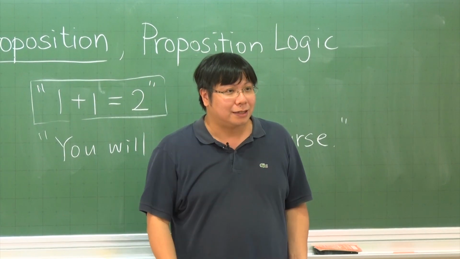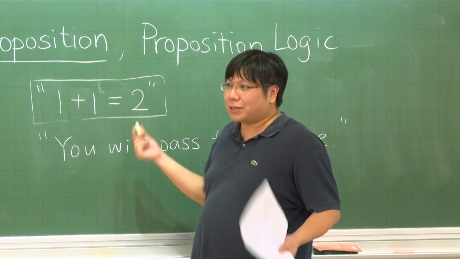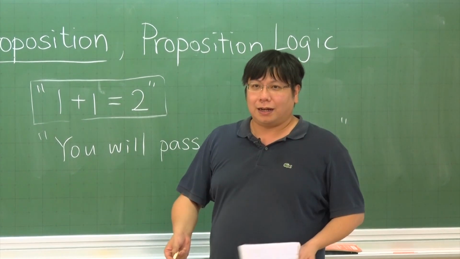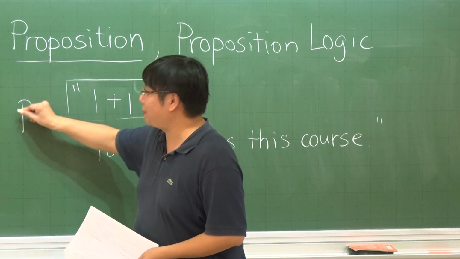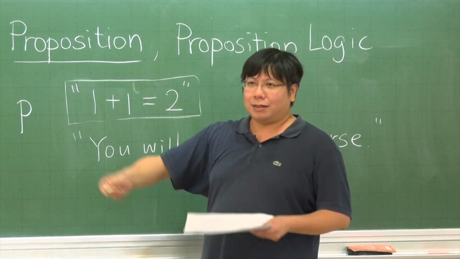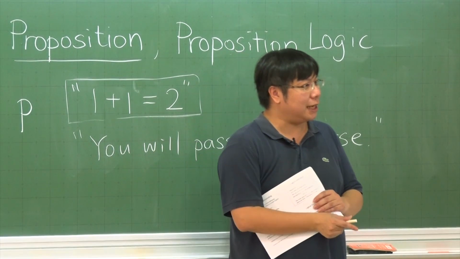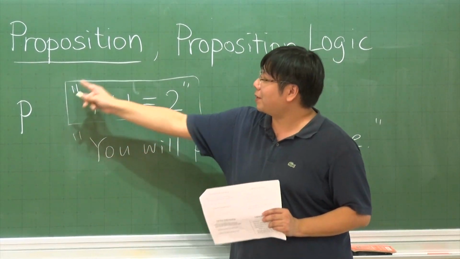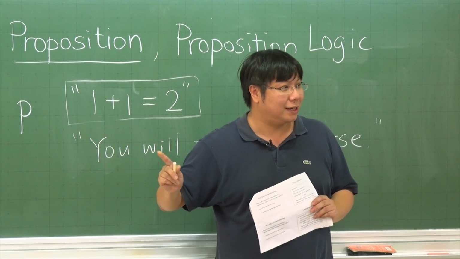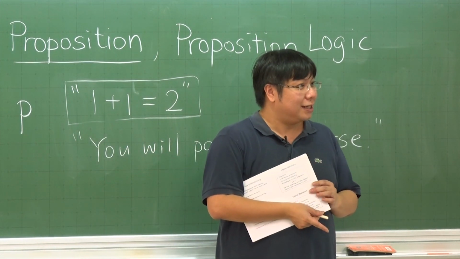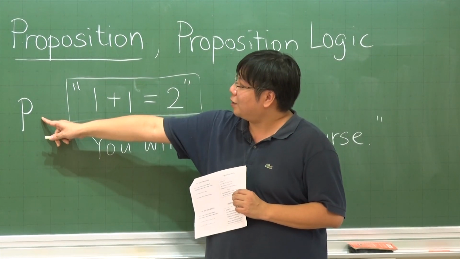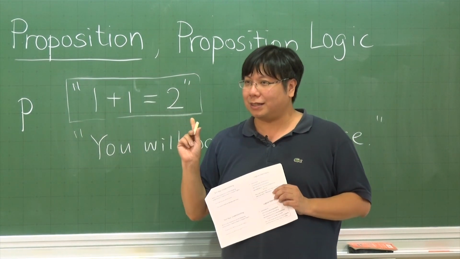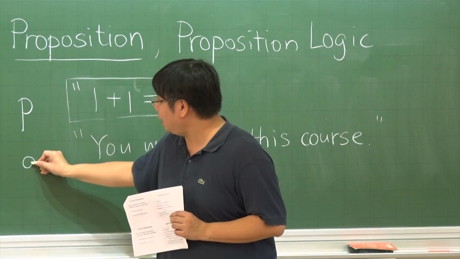As long as it is some discrete thing, we can use a variable to represent it. Maybe you can let the little character p refer to this sentence. So whenever I want to talk about this sentence, I can use p. Is that okay? So we may let p be the proposition of this one, or we can use q to represent this sentence.